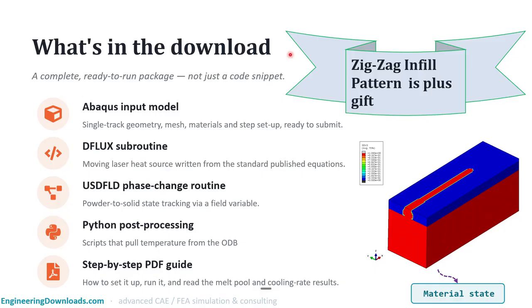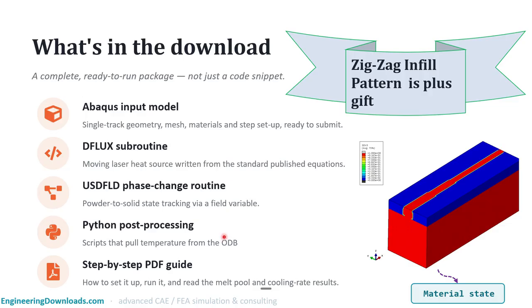Here is what you get in the download. First, a complete Abaqus input model: single track geometry, mesh, materials, and the step setup, ready to submit. Second, the DFLUX subroutine, the moving laser heat source written from the standard published equations. Third, the USDFLD phase change routine. It tracks the powder to solid state using a field variable.